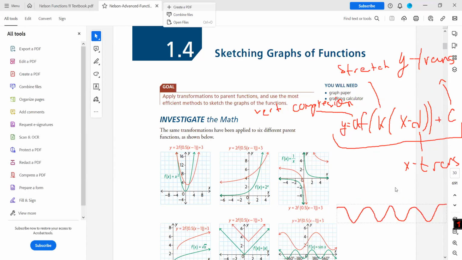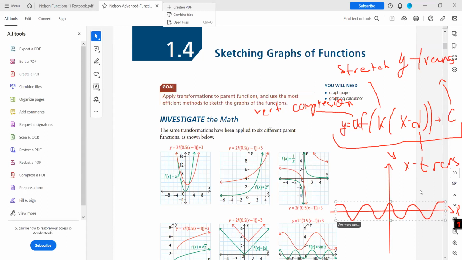So what C, let me sketch the coordinate axis right here. Something like that. So I have y-axis and I have x-axis. So what does coefficient C do to my function? Coefficient C translates my entire graph in y-axis.